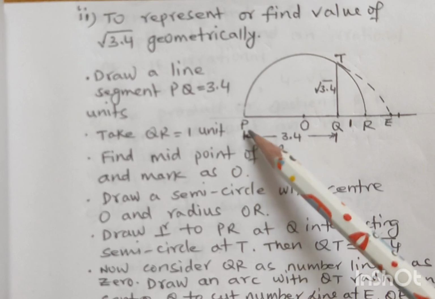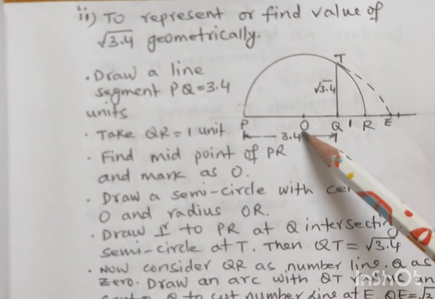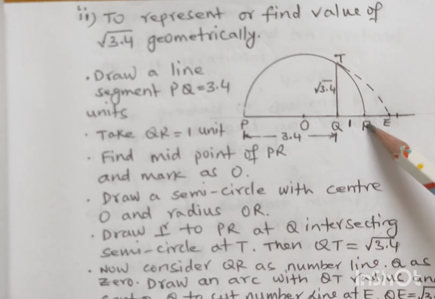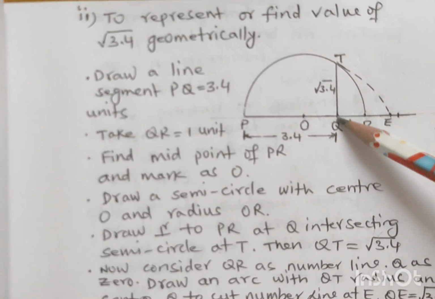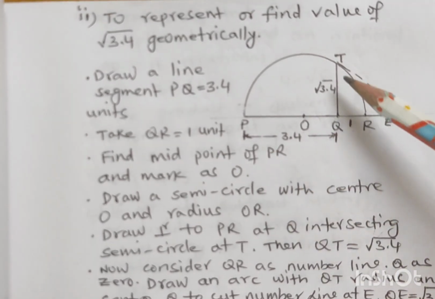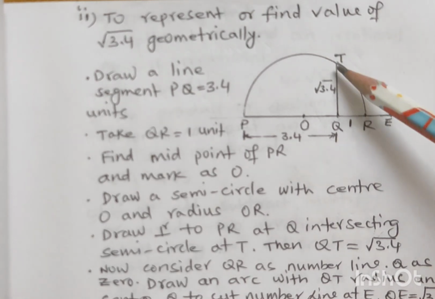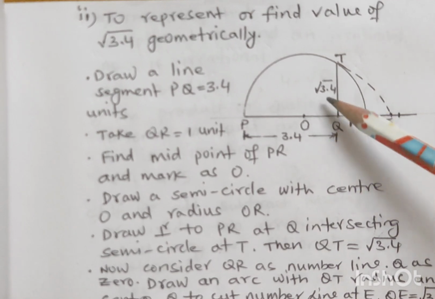Then we take the midpoint of PR, which is O. With OR as radius, we draw a semicircle. Then at Q we draw a perpendicular on the line PR, cutting the semicircle at T. So QT will be equal to under root 3.4.